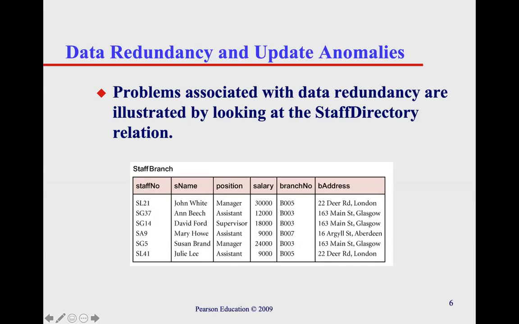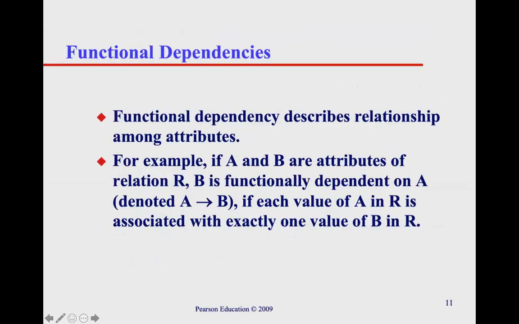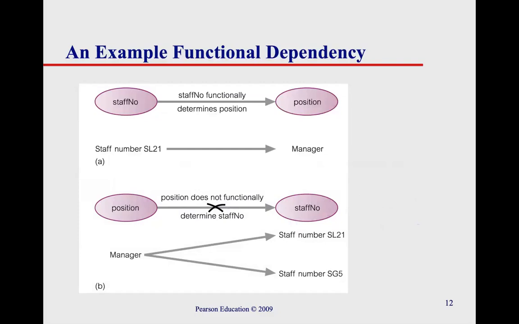You can see that B5 has both SL21 and SL41 working at that branch. So the reverse doesn't have to hold. A might uniquely determine B, but the reverse doesn't have to hold. Okay, and that's the same thing they're showing here.